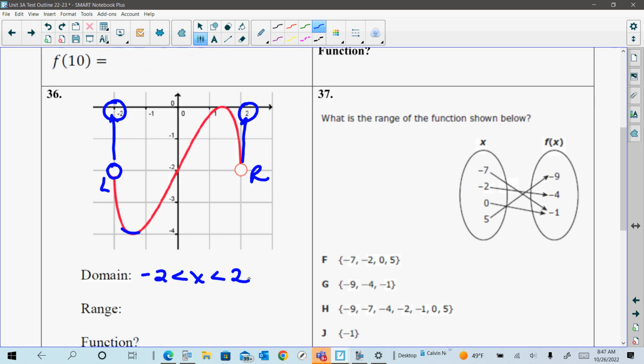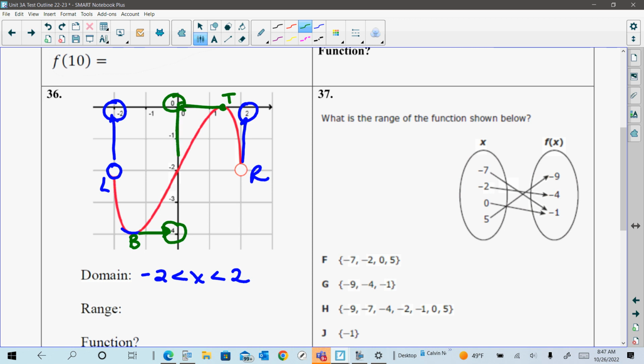To do the range, this is when I'm going to look at the bottom of the graph. The lowest it gets is here, but I have to look at the y-axis. That's at -4. The highest the graph gets is here. This is the top of the graph, and I still have to look at the y-axis. That is 0.